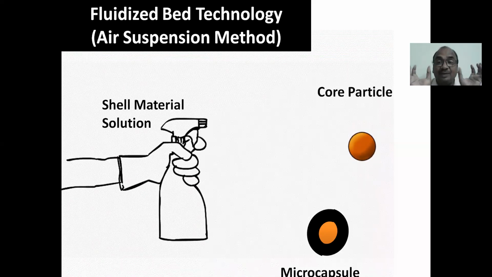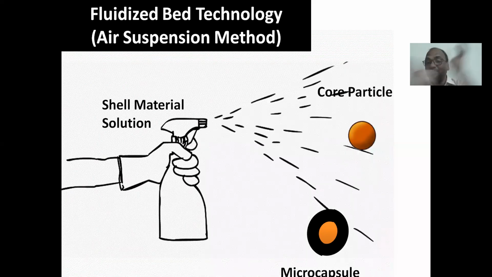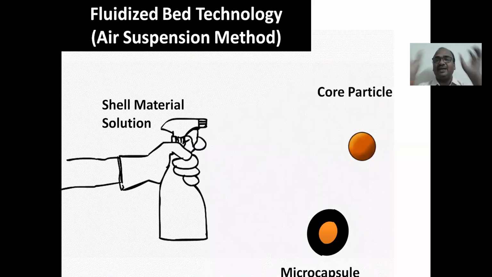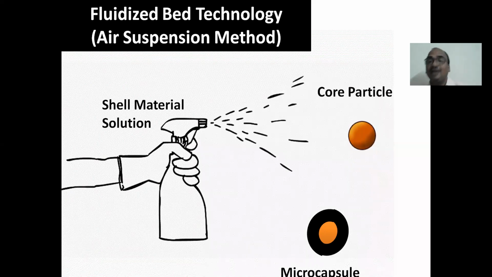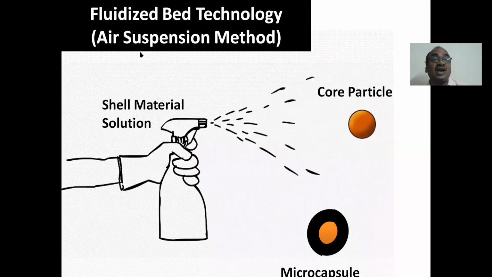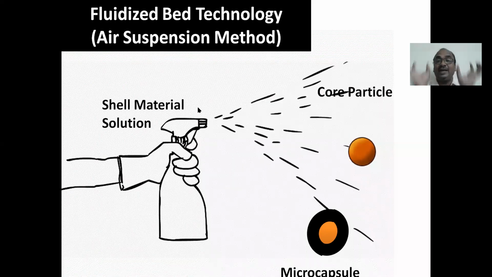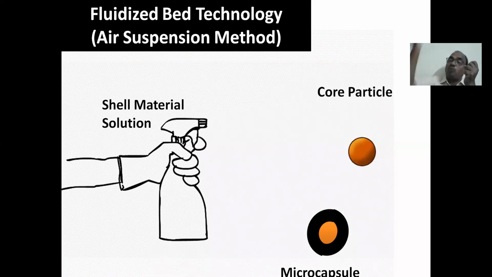So your solid particles become like a fluid, moving like this. That's why this is called a fluidized bed. This is also called air suspension. The core particles are suspended in the air because from the bottom you are blowing the air.